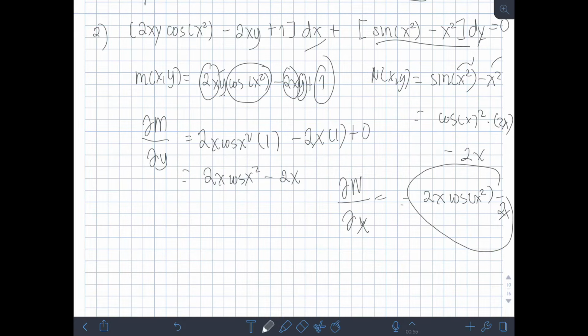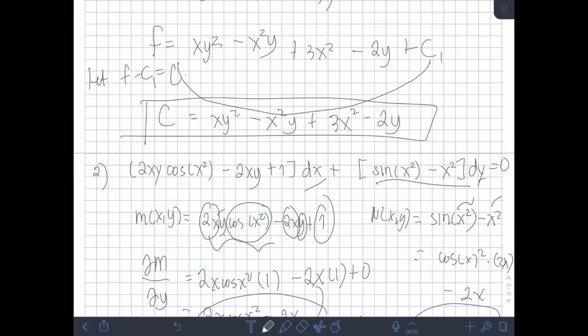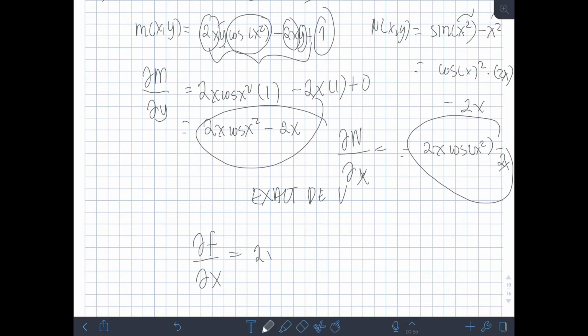So, equal ba sila? Yes. So, therefore, exact DE ito. So, pwede nating gawin yung ginawa natin doon sa example number 1 natin sa pagsosolve ng exact DE. Okay, so doon muna tayo, equate muna natin yung partial derivative of f with respect to x dito sa m of x, y natin, which is itong whole expression na to, yung 2xy cosine x squared minus 2xy plus 1.